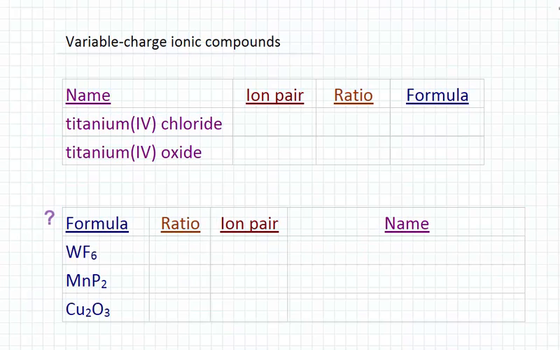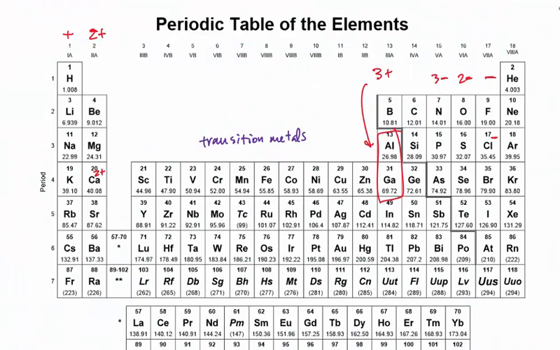So, let's give that a try. Now, it's very important when you're given a name like this to understand that those are the names of the 2 different ions. In a lot of cases, that's not going to look very much like the formula. Okay? Let's see if we can figure that out. Titanium 4 chloride. Titanium is Ti. Ti is a transition metal here that does not have one particular fixed charge.